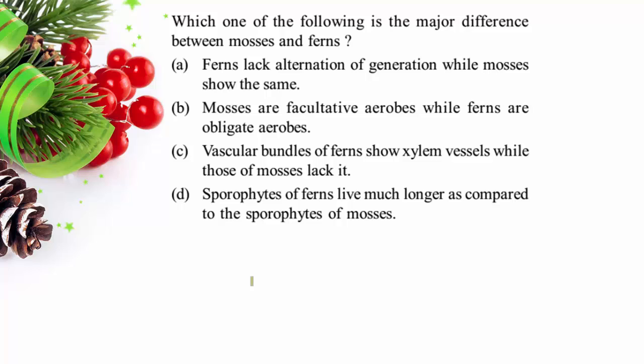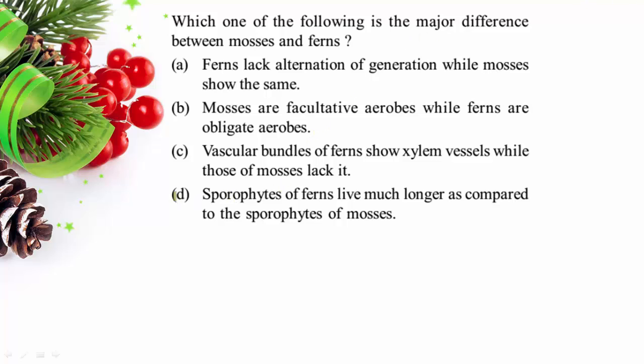So which one is the answer? Which one of the following is the major difference? See here, ferns and mosses, both of them show alternation of generation. Vascular bundles, the term is wrong, vascular tissues are present, and the accurate one is sporophyte of ferns live much longer as compared to the sporophyte of mosses.